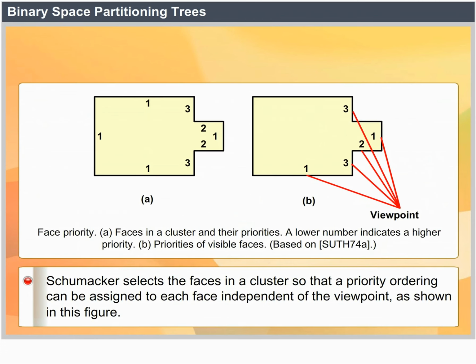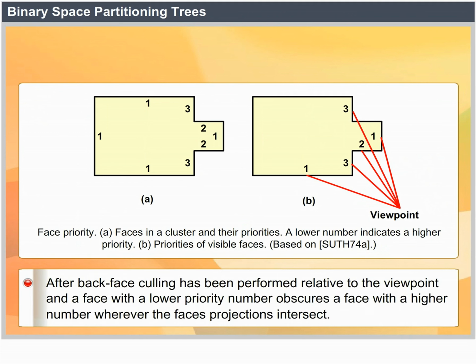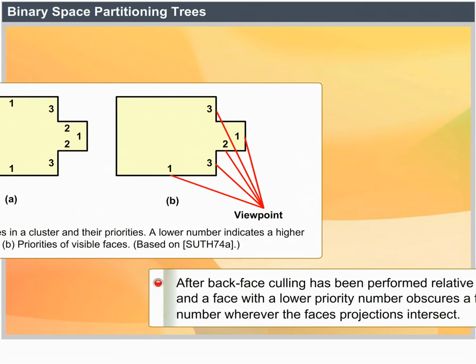Schumacher selects the faces in a cluster so that a priority ordering can be assigned to each face independent of the viewpoint, as shown in this figure. After backface culling has been performed relative to the viewpoint, a face with a lower priority number obscures the face with a higher number wherever the faces' projections intersect.